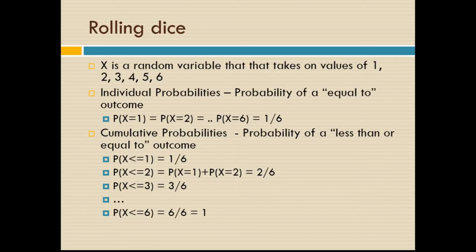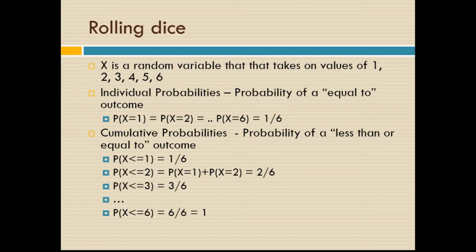We're going to let X be the random variable, and we want to ask, what is the probability that X is equal to 1? Well, that's pretty easy since we have a fair die, and that's the assumption. The probability of rolling a 1 is 1/6, which happens to be the probability if we roll a 2 all the way up to a 6. All probabilities 1 through 6 are equally likely.